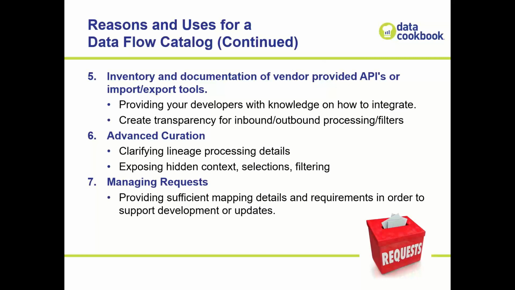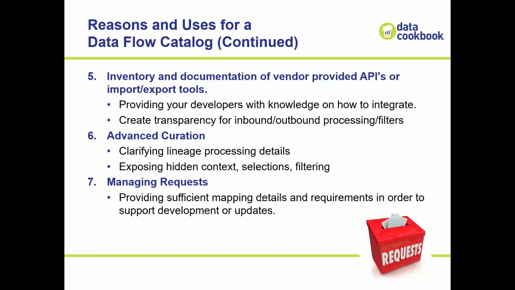It probably needs some sort of human eye to review and make sure it makes sense, and of course to connect things to glossary definitions, and also expose hidden context or selections, as I mentioned. You might say, oh, it's not obvious from this straight-up mapping that this is only pulling data that's 30 days old or something.